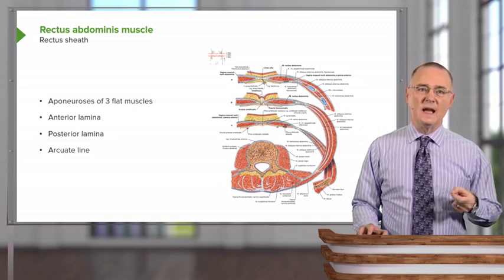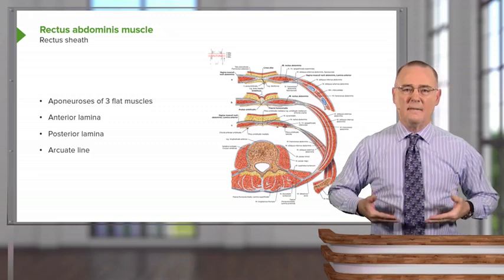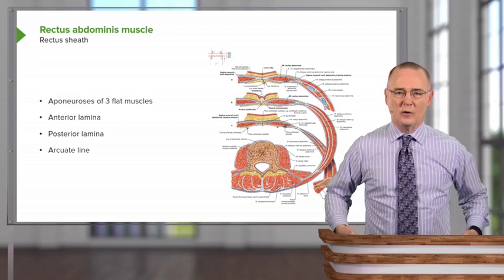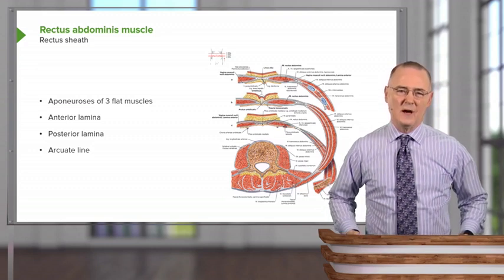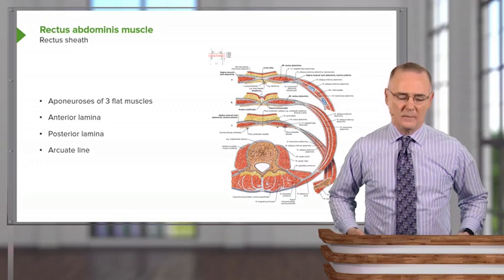The orientation of these aponeurotic components will vary depending on if we're above the umbilicus or for about halfway between the umbilicus and the pubic bones.